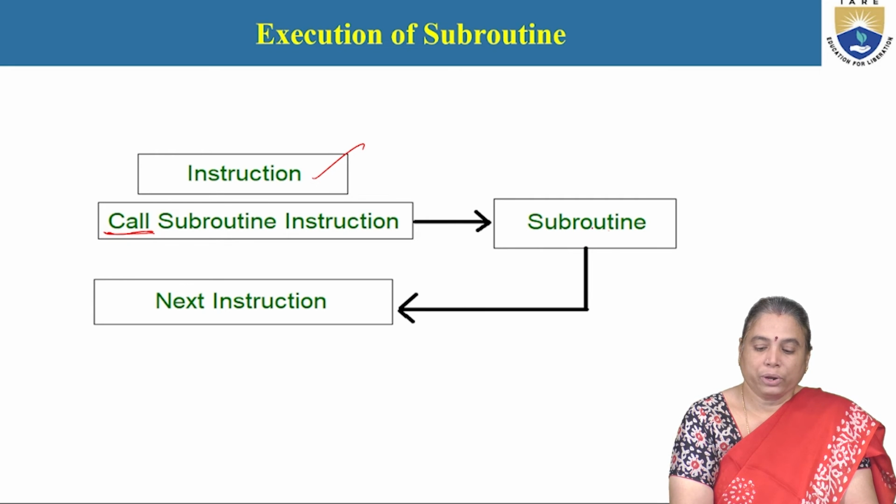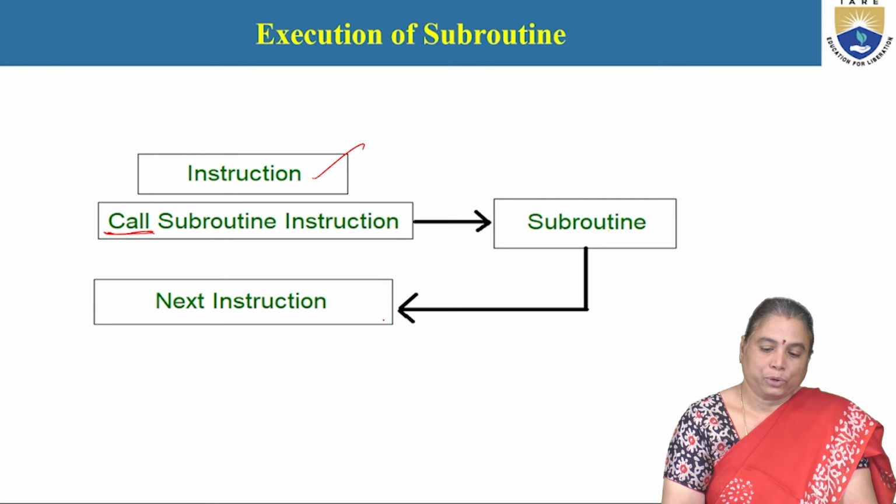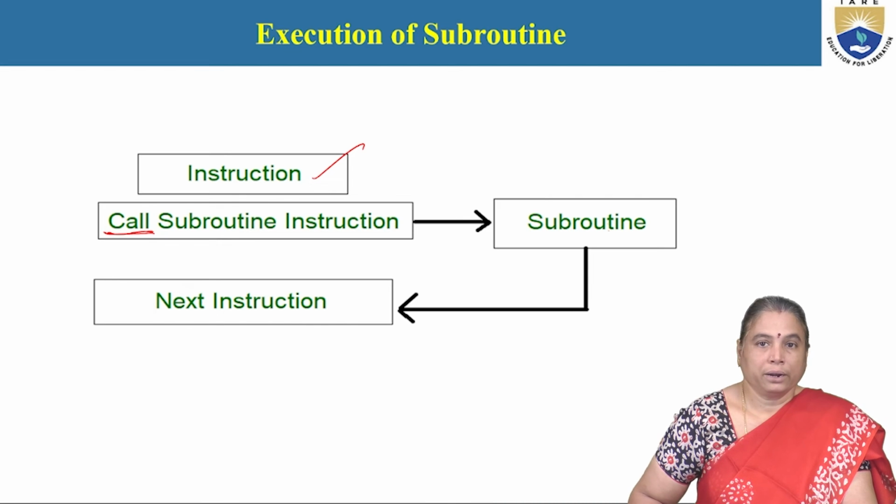That subroutine is executed one after another, and whenever a return, the end of the subroutine, is encountered, the program flow can be altered to the next instruction in the user program in order to resume main program execution. In this way, the program flow can be altered in case of subroutines.